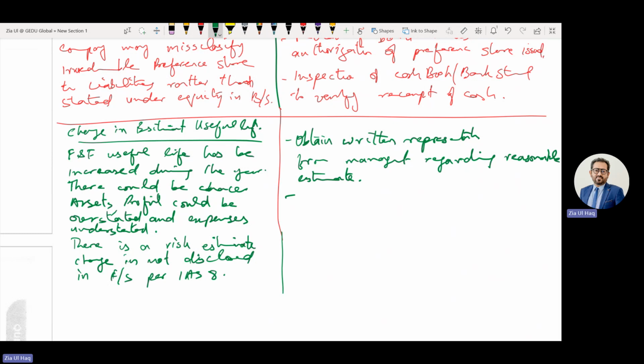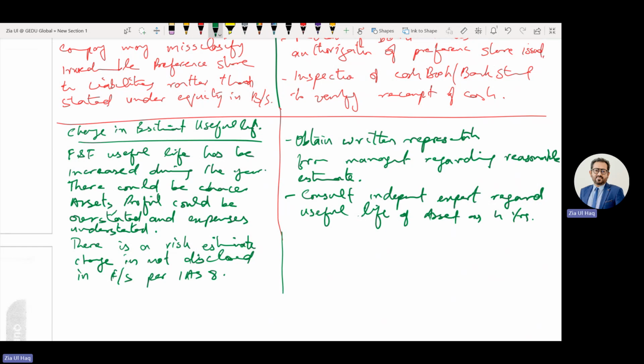Can we confirm the life from any external person? Yes, we can confirm with an external expert. So consult an independent expert regarding the useful life of the asset as 4 years.